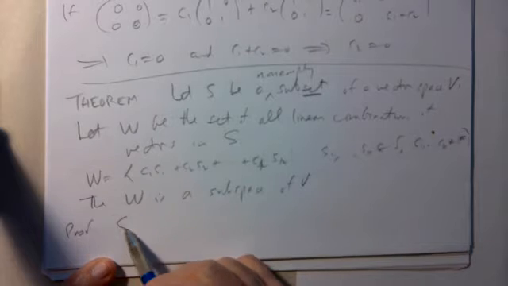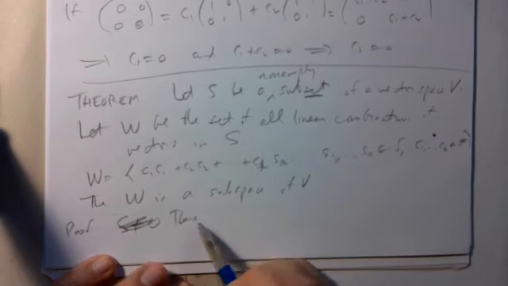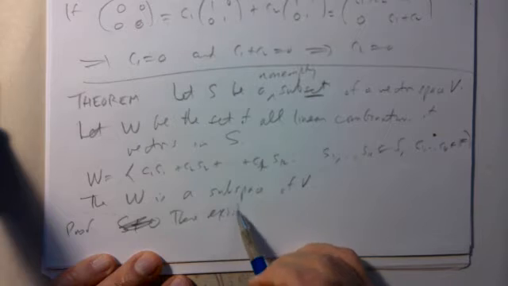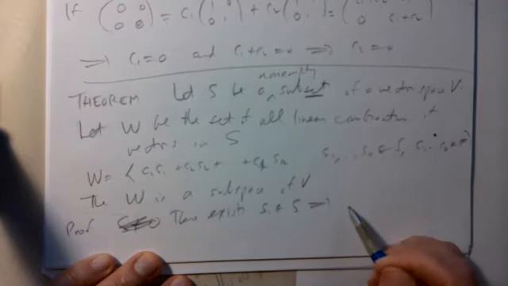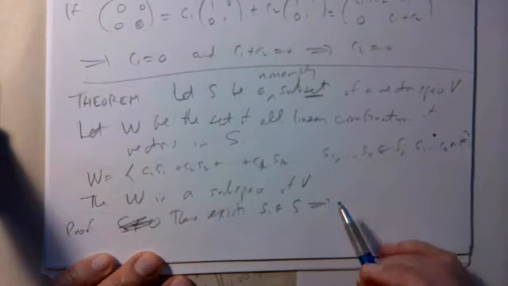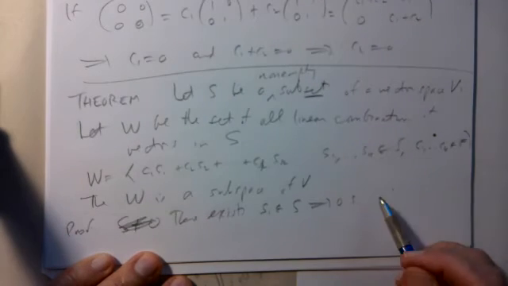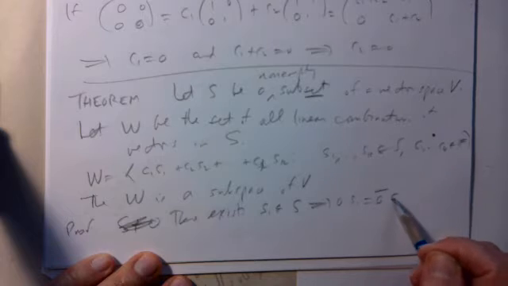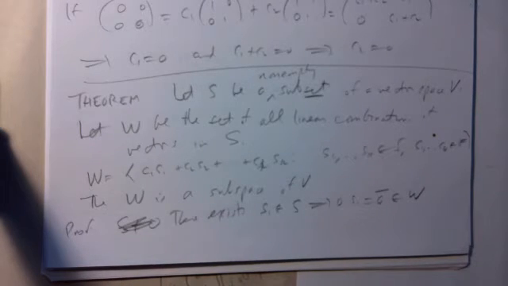First of all, if S is not empty, there exists some vector s1 in S, and so 0 times s1, that's a linear combination of just s1, and that's the 0 vector, so that's in W. So W contains 0.